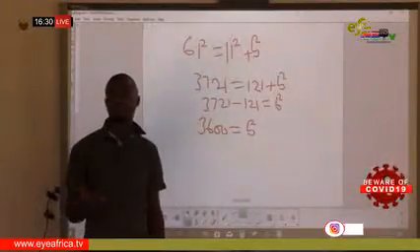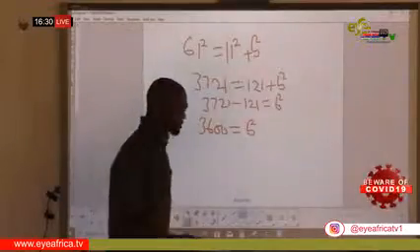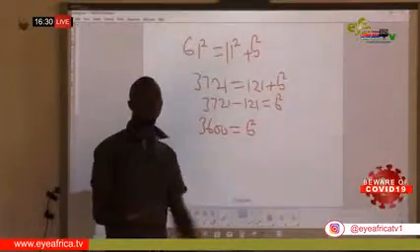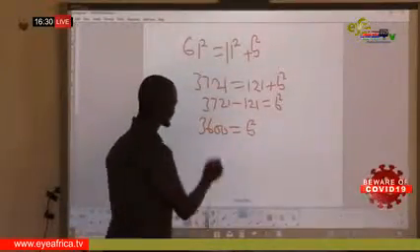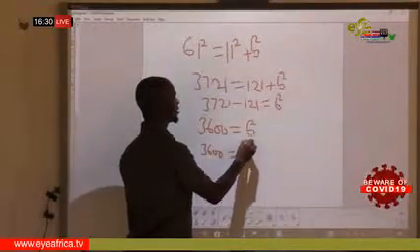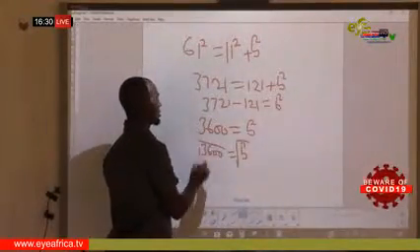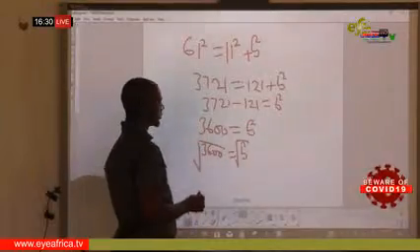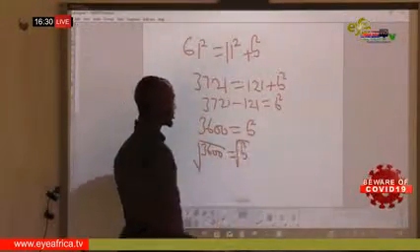You are not looking for B square, you want to find B. So to undo the B square, we square root both sides. 3,600 equals B square. You square root this one and square root here. The square will cancel the root.